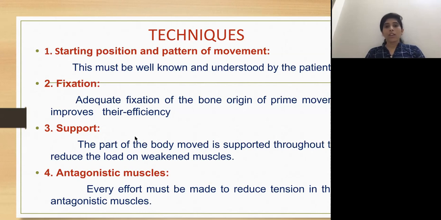Of course, it helps to complete the movement for the muscle which has less strength. But gradually, as we all know, the assistance or the support which we are giving, we have to reduce. Okay. Antagonist group of muscle. Every effort must be made to reduce the tension on the antagonist group of muscle.